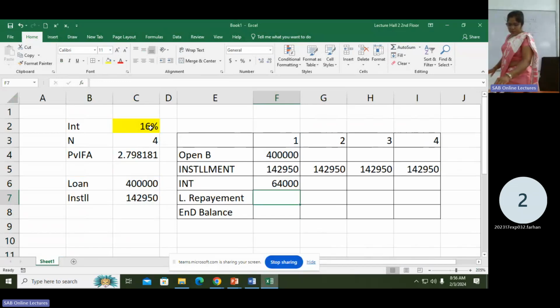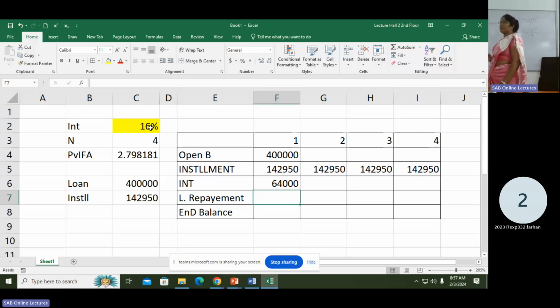Your installment is 142,950. This is an annuity, so in this installment two components are there: interest for the period and the loan repayment. Interest amount for year 1 is 64,000.